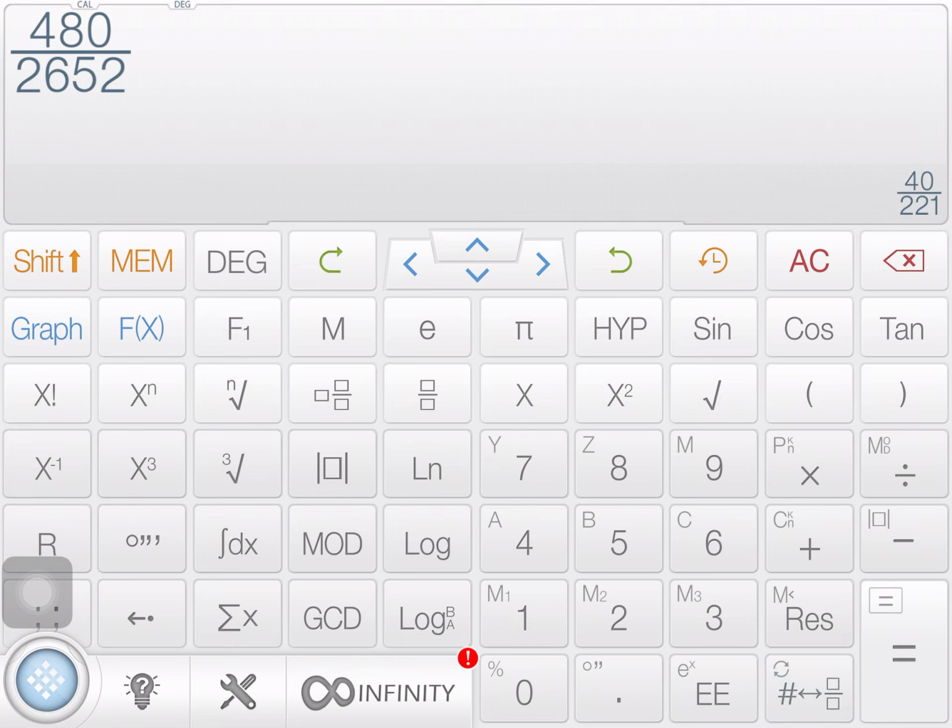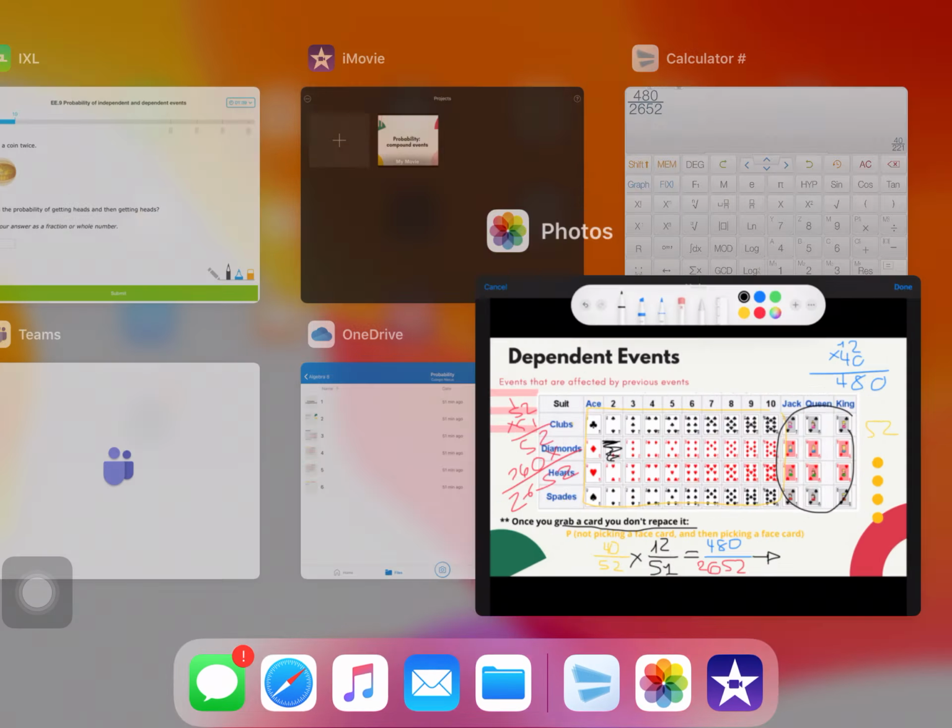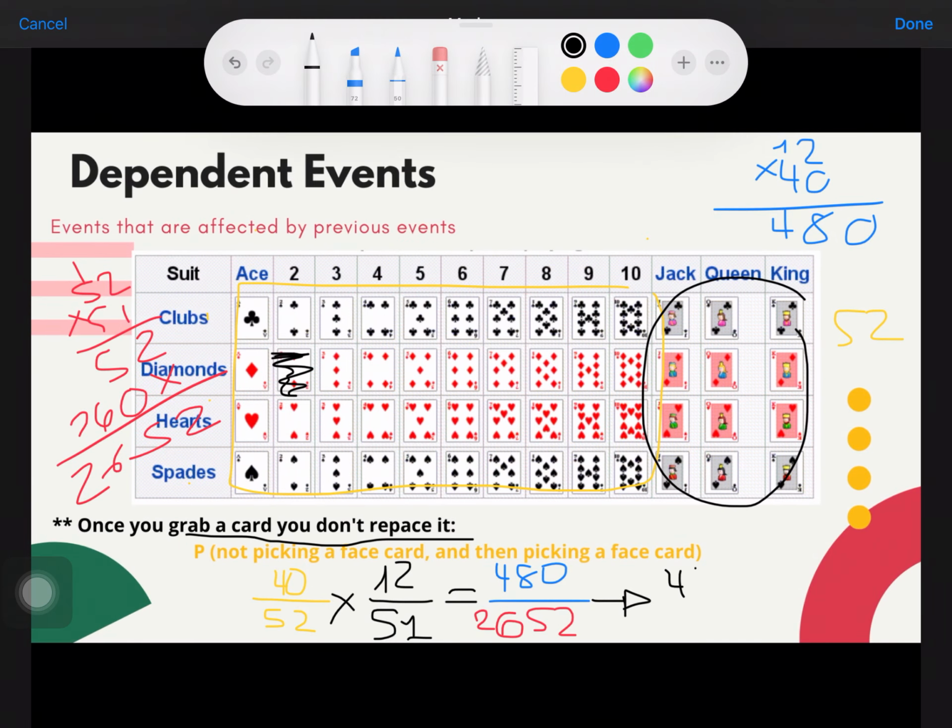I'm going to simplify it, and that is 40 over 221. I cannot simplify this anymore, and that can be your probability expressed as a fraction. You can express it as a decimal too, which of course requires you to divide, or as a percentage, but I guess right now we're going to be working with fractions mostly.